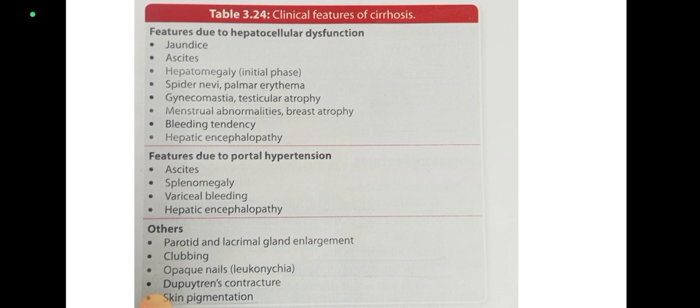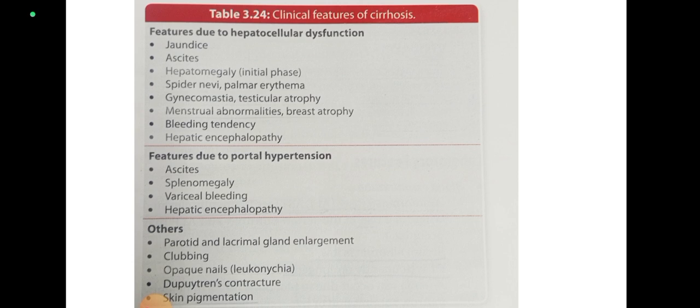Clinical features of cirrhosis may show features due to hepatocellular dysfunction, which are jaundice, ascites, hepatomegaly, spider nevi and palmar erythema, gynecomastia, testicular atrophy, menstrual abnormalities, breast atrophy, bleeding tendency, hepatic encephalopathy.